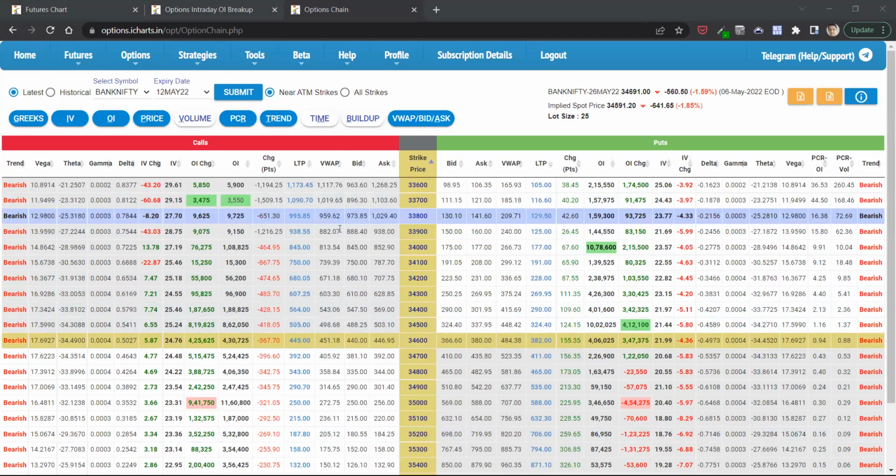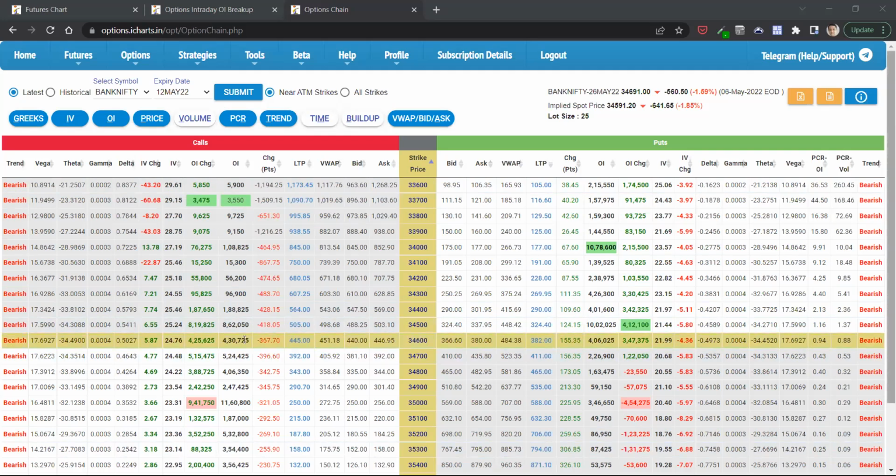So I'll point out one thing here. Option chain is the key here, and the trend column here. Ideally just monitor it all the time. Enable this trend, because this quickly tells you the kind of trend that is going on in the market right now, the short-term, intraday trend. If both the call side and the put side of the trend are bearish, then the market trend is bearish.